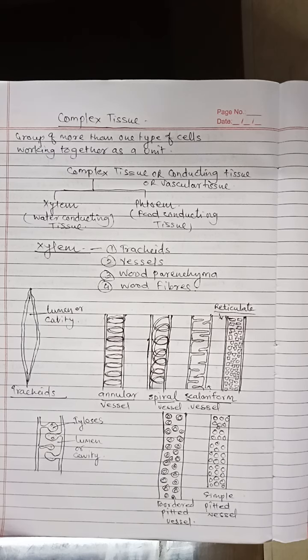Means the tracheids and vessels, they are dead cells or non-living cells, while the xylem parenchyma, they are living cells. When secondary xylem is developed, the walls of parenchyma may become lignified.